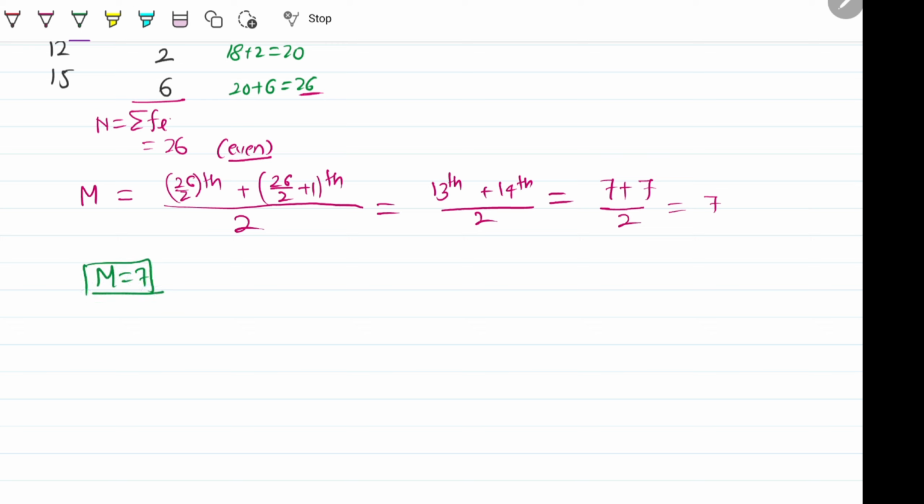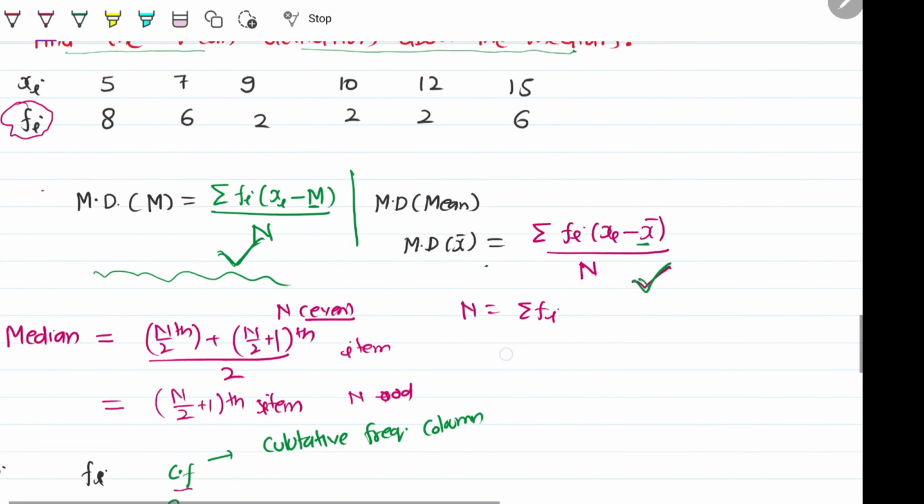Now we want to calculate the mean deviation about the median. The formula is sum of fi |xi minus M| upon capital N. Here we take absolute values. I forgot to tell you, absolute values we take.